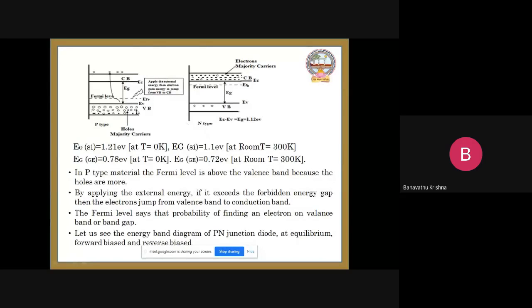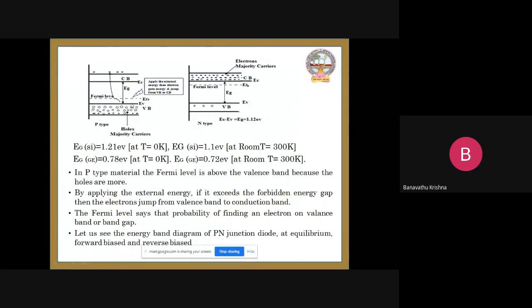As I told you previously, in the valence band the majority charge particles are holes. So here the concentration of charge particles is more due to the majority charge particles. That's why the energy of the Fermi level is closer to the valence band.